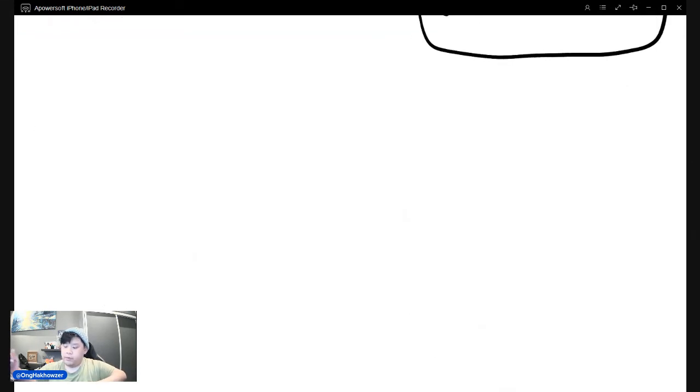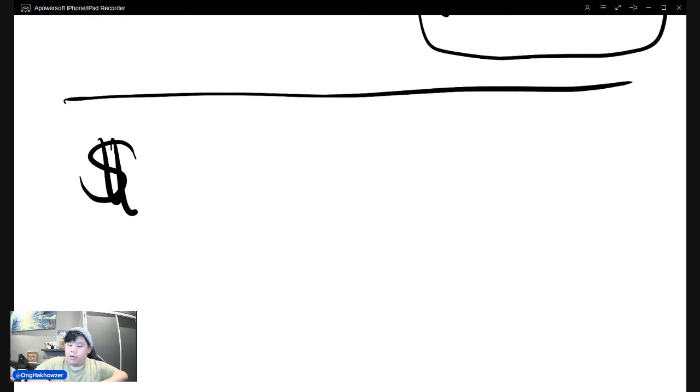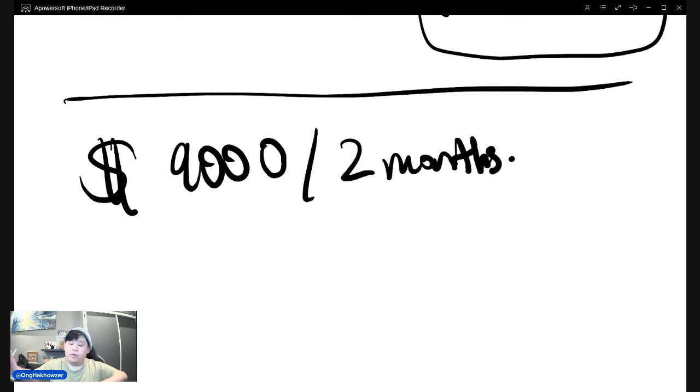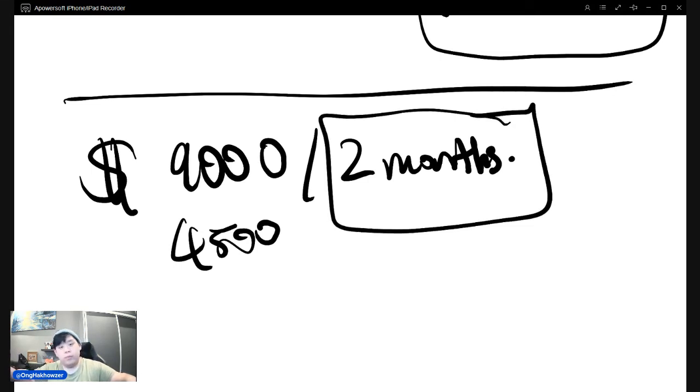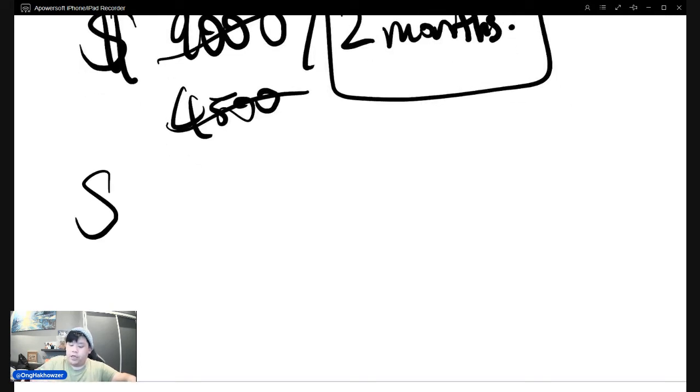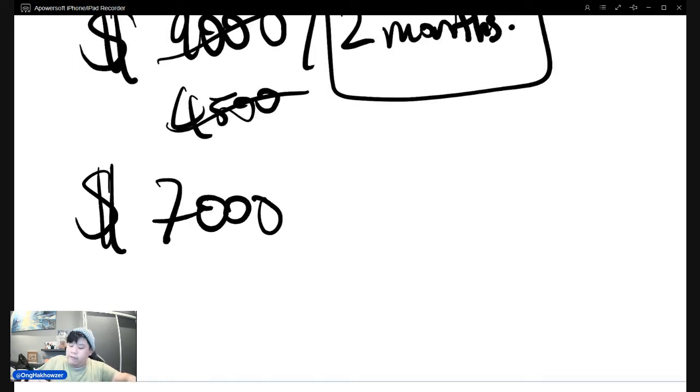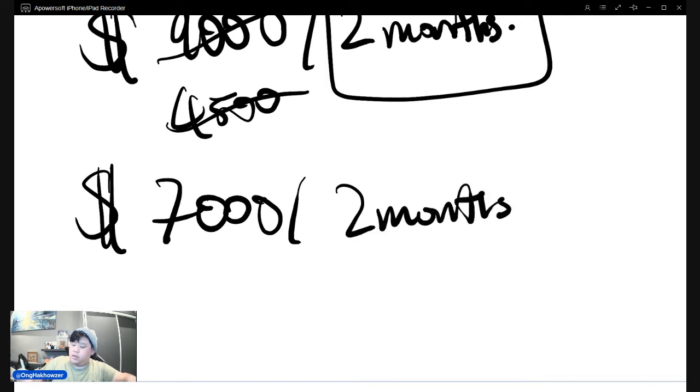For example, at the start, I was thinking that I wanted to get $9,000 per 2 months, which equates to about $4,500 per month, cycling on a 2 month period for my whale strategy. What I did realize is that instead of going for $9,000 for 2 months, I can drop it down to $7,000 per 2 months to make it a lot safer for myself.